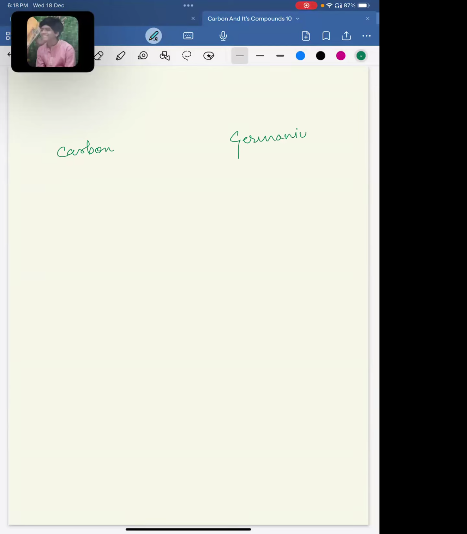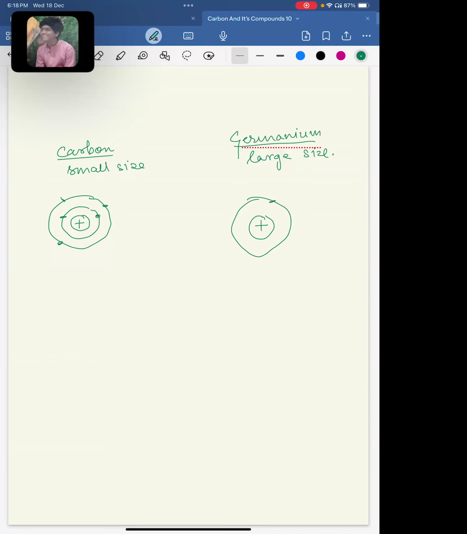Carbon is of smaller size, and this is of large size. For small size carbon, we have electrons here. For germanium, the number of electrons will be more, right? Yes, ma'am.